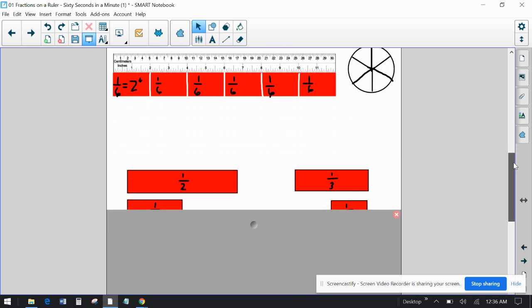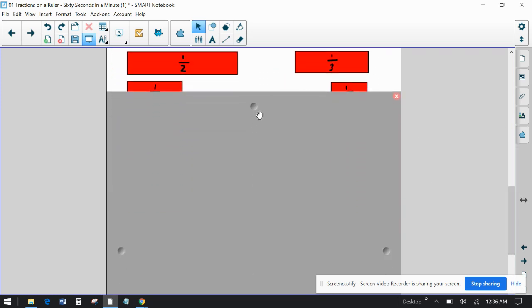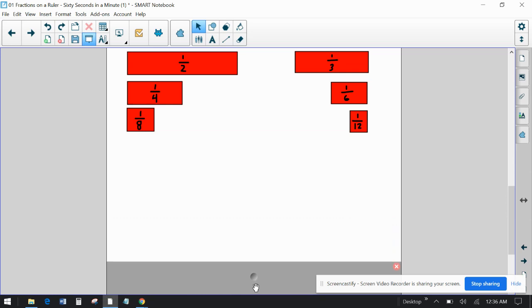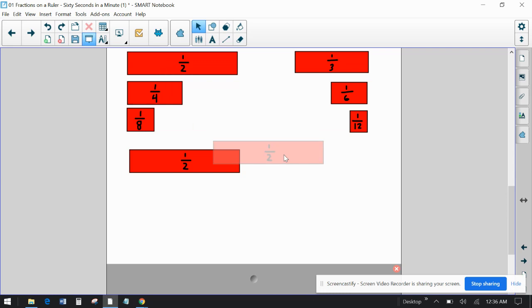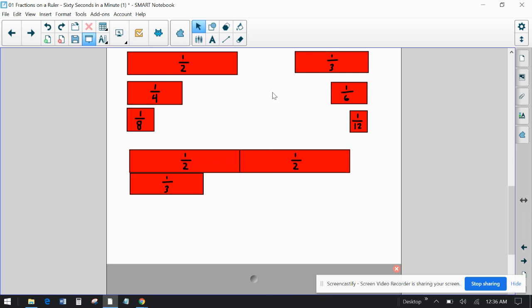So if we come down here, we can kind of build what we did up there again. We know that 2 of these would make a whole. And then those are the halves. Then we'll go to thirds next, even though I don't like doing thirds in the same plane when I'm partitioning, but we'll go thirds next because that's the next largest fraction. So that's 3 equal parts.